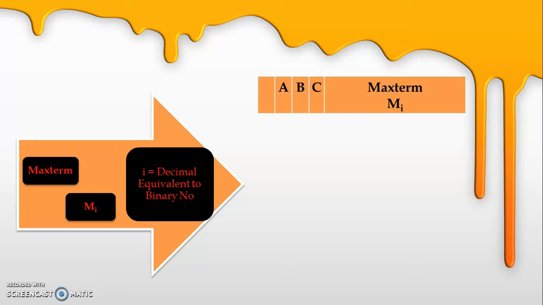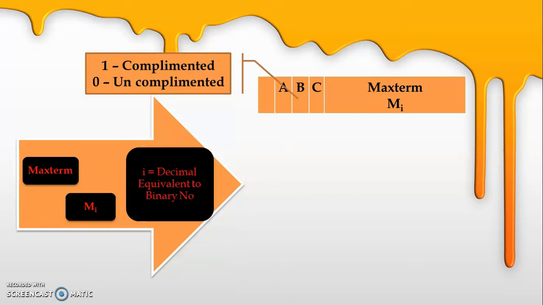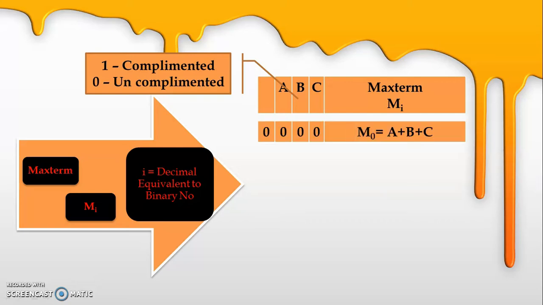So now again we have 3 input variables, and we have to consider maxterms. We should always remember that when calculating a maxterm, if the input variable is 1, we take the literal complemented, and if the input variable is 0, we take it uncomplemented. First condition is 0 0 0, decimal equivalent 0, so we write M0, with suffix 0 for the decimal equivalent.